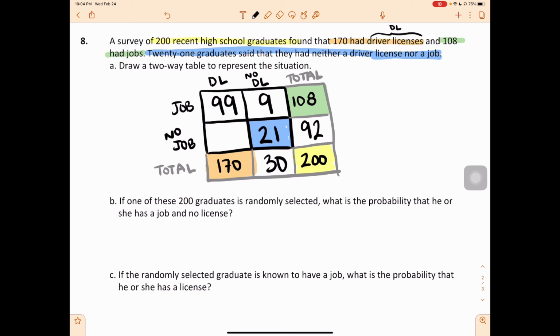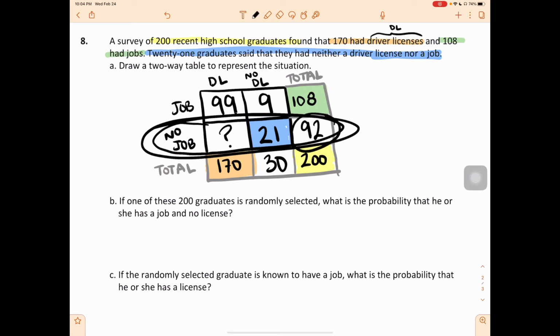It'll be 99. So now you can find this box by either looking at all the students who don't have a job or by looking at all the students who have a driver's license. Okay, so I don't really mind either way. Let's just go ahead and do the no job one. So how many students do not have a job but do have their driver's license? Well, we know 21 of those without a job do not have a driver's license.